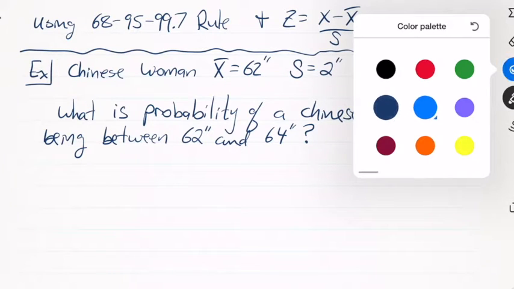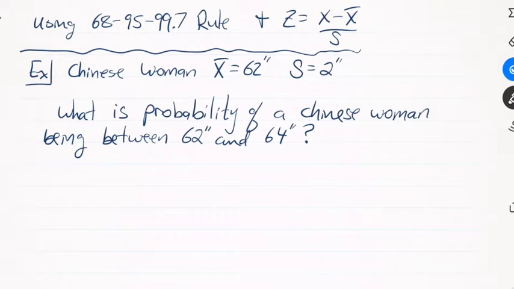Using the exact same example of the Chinese women with the same mean height of 62 inches and a standard deviation of 2 inches, I want to know the probability of a Chinese woman being between 62 and 64 inches. So again, this is going to be x1, this one is going to be x2, they're my data points.